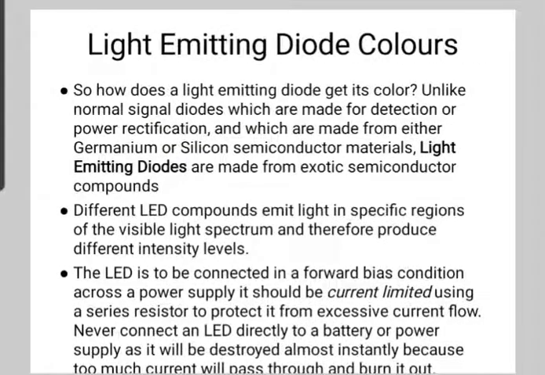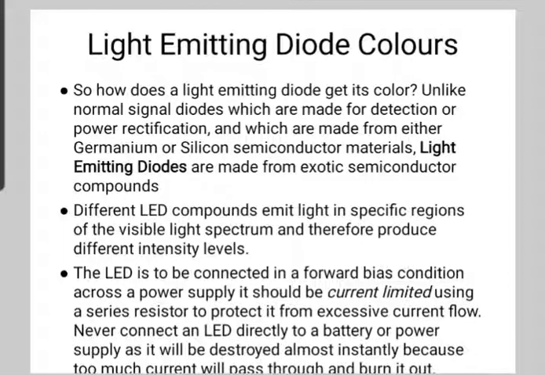So how does a light emitting diode get its color? Unlike the normal signal diode, which is made for detection or power rectification and made from either germanium or silicon semiconductor materials, light emitting diodes are made from exotic semiconductor compounds. Different LED compounds emit light in specific regions of the visible light spectrum and therefore produce different intensity levels.